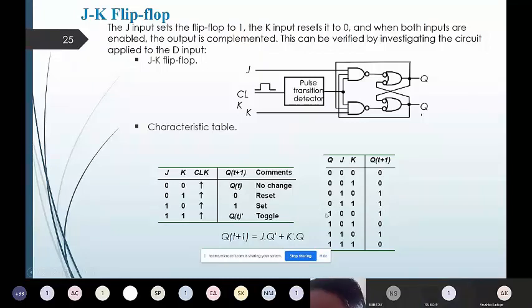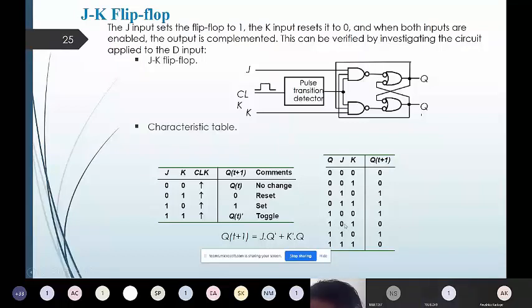With the next condition of Q value as 1 and present inputs are 0 0, no state change will occur. So Q of t plus 1 will be 1 as it is. In the next condition, J is 0 and K is 1. J 0 and K 1 causes the flip-flop to be in reset mode. So whatever may be your present output state, the flip-flop goes to reset mode.